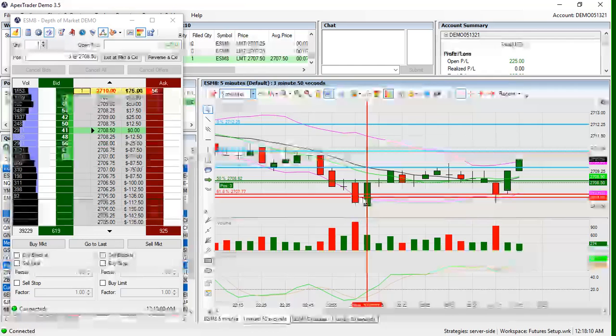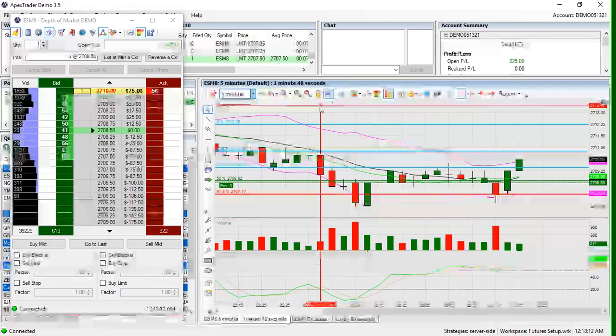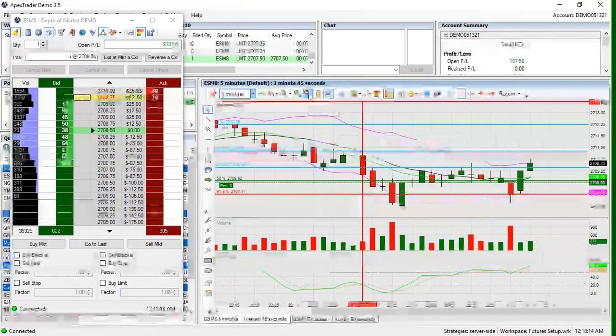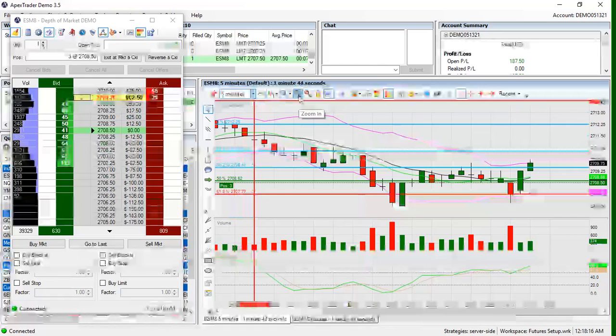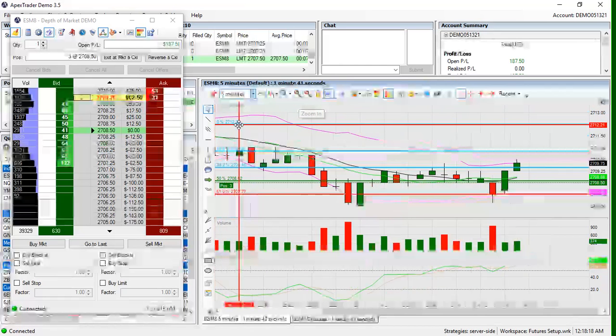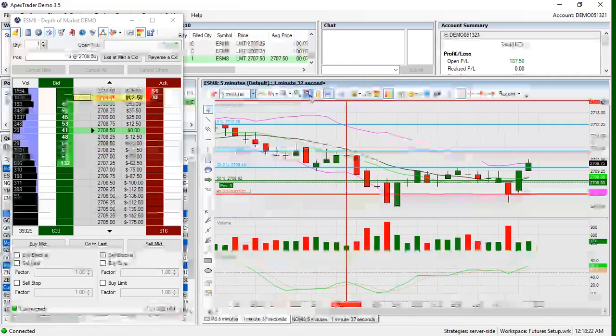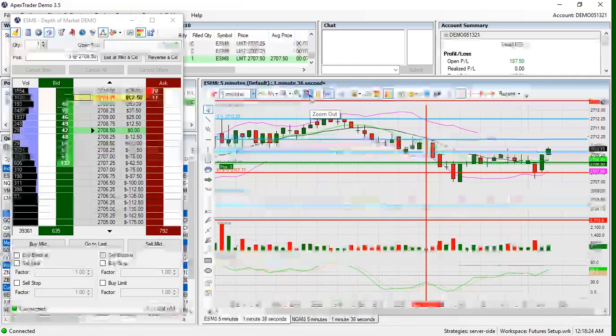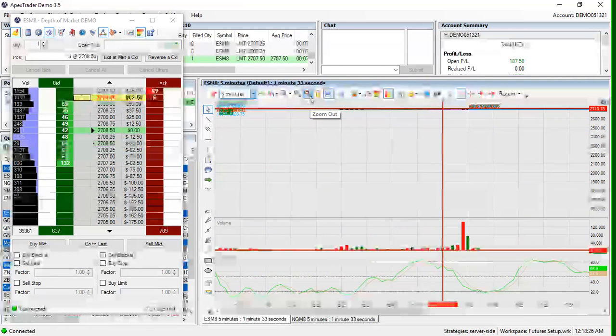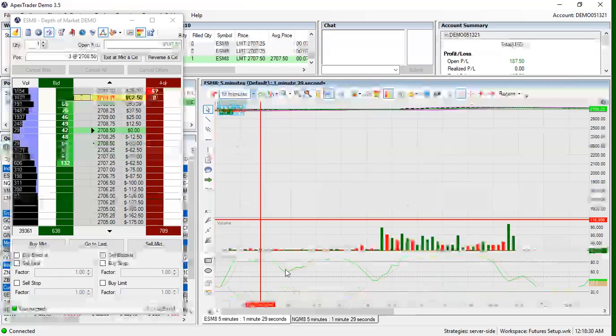Now my price target, the price target with Fibonacci ratios is either a retracement back to the 0%, which would be 27.12 area, or if I zoom out a little further here, you'll be able to see it. Maybe not. Let me go to the 15-minute chart.